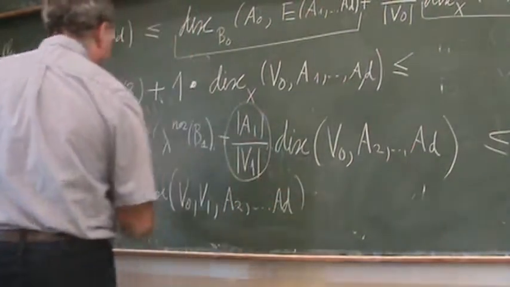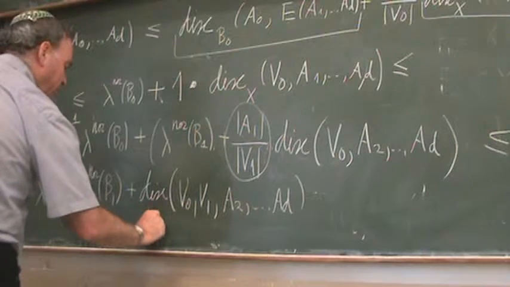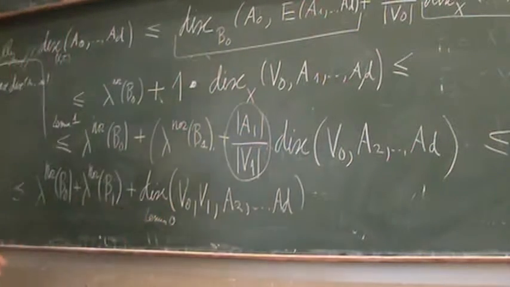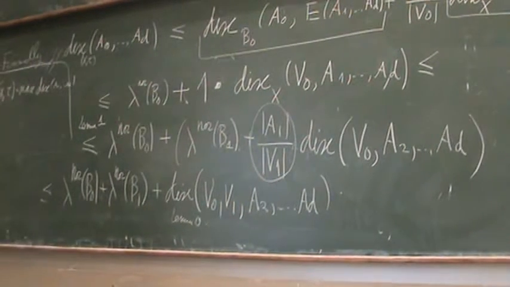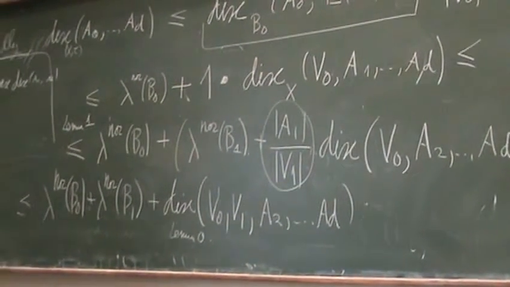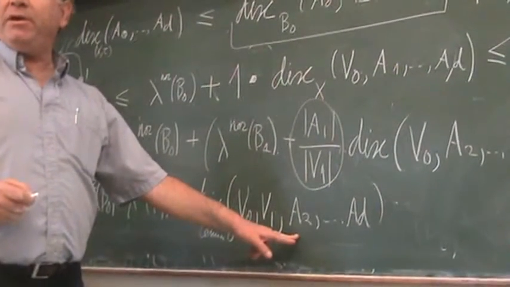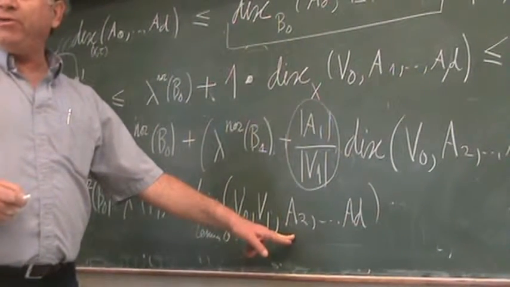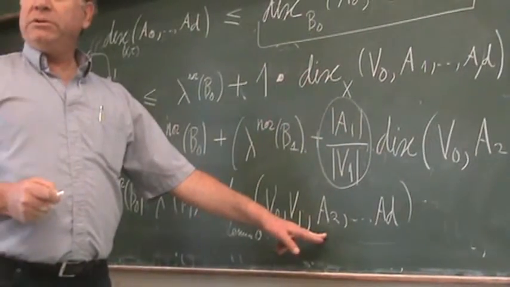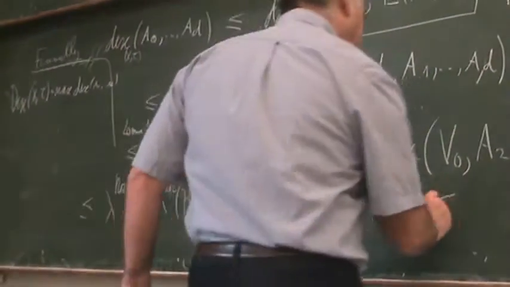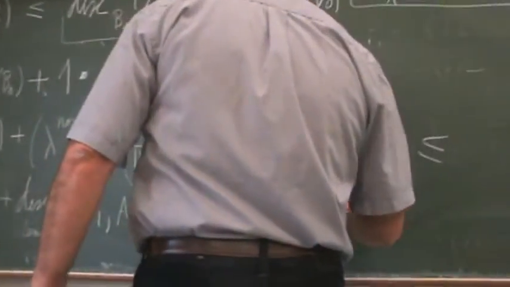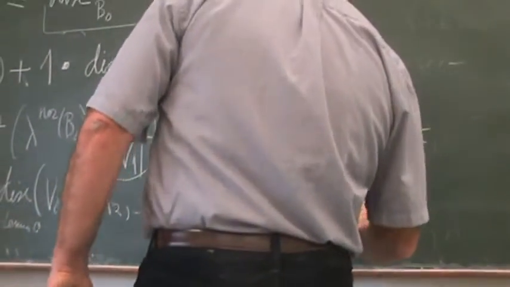This is again using lemma 0. And now you can see the rest, right? Now I will eliminate A2, etc., etc. And then it will eventually be the sum.